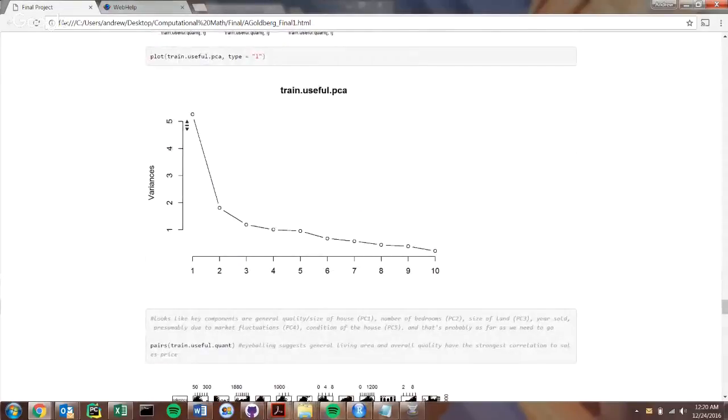When we plot it, we see again that the first principal component accounts for the most variance, the second accounts for some variance, and then not as much, and then we can stop probably somewhere around 5.